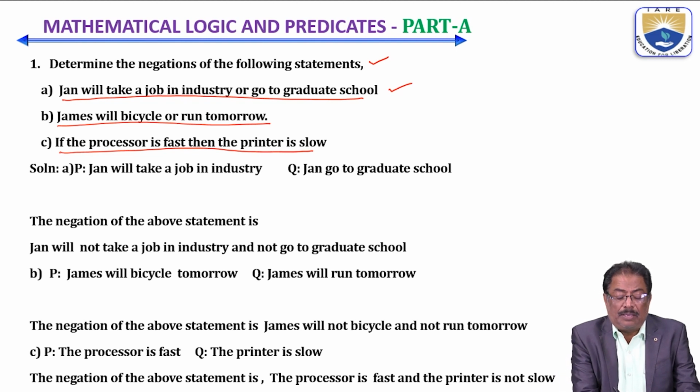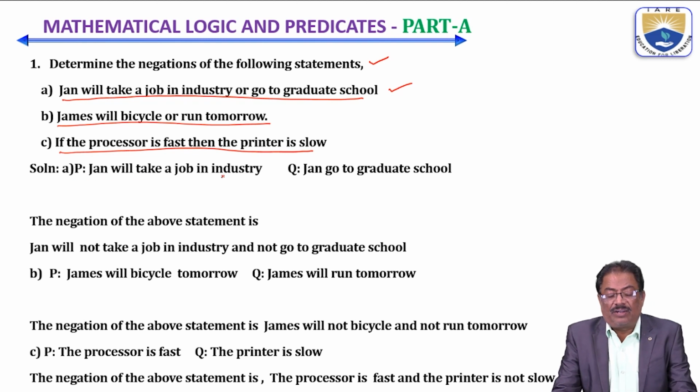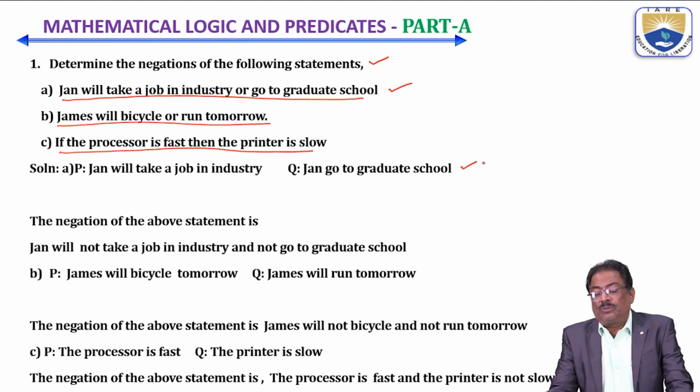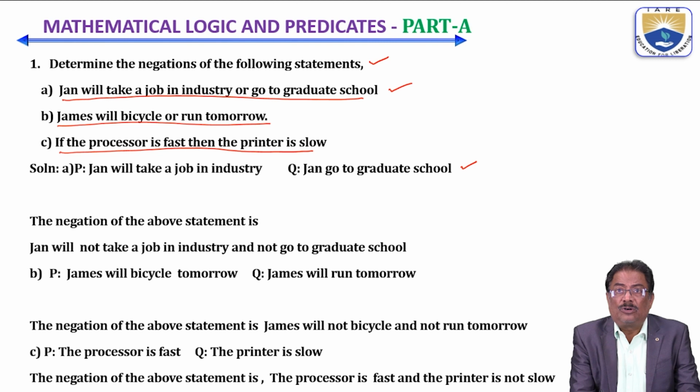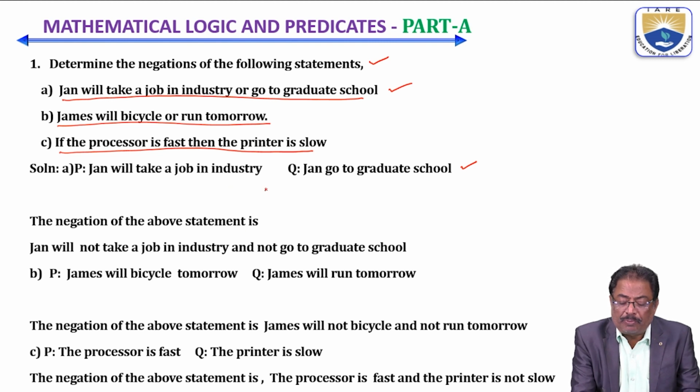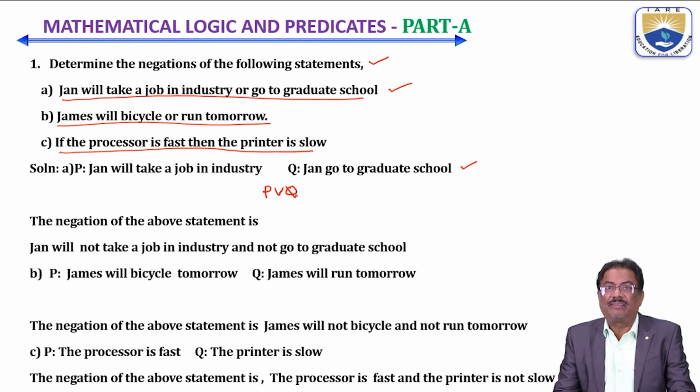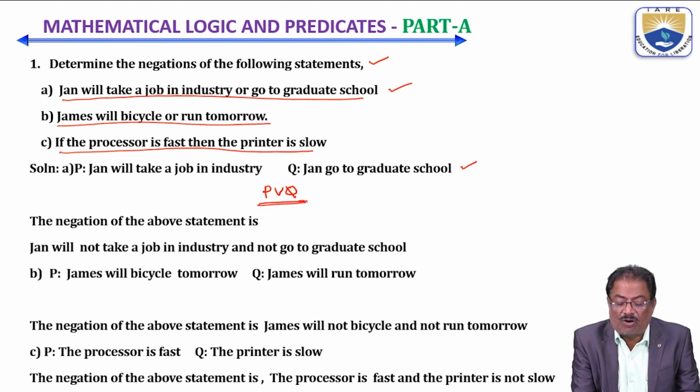I consider the proposition P as John will take a job in industry, and Q as another proposition, John will go to graduate school. Then the given statement is written symbolically as P or Q.